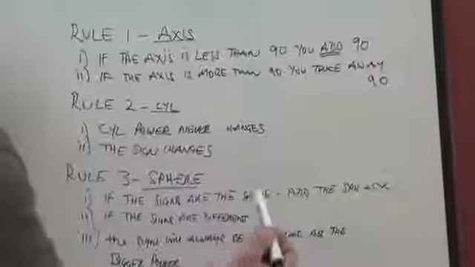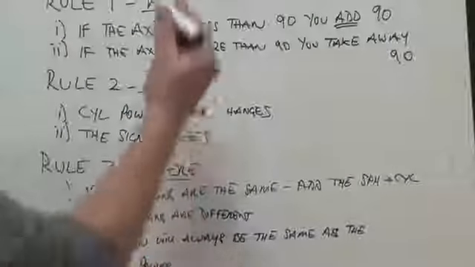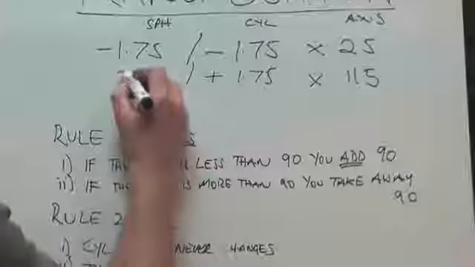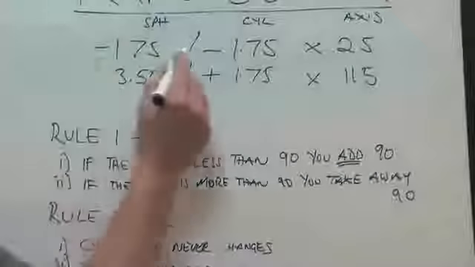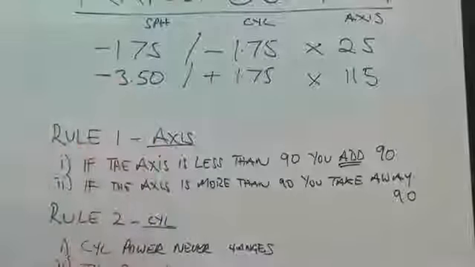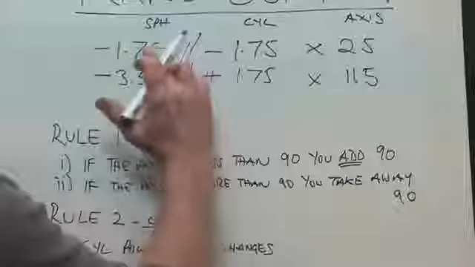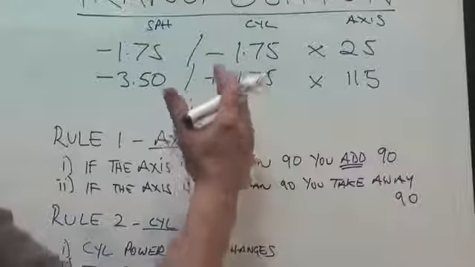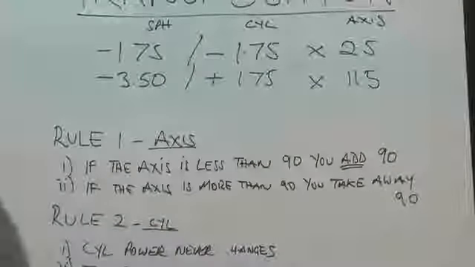If the signs are the same, add the sphere and the cyl powers together. So 1.75 plus 1.75 is equal to 3.50, and because they're both minus, that becomes a minus. So we've transposed this prescription. It's the same prescription, but just transposed from a minus cyl to a plus cyl.